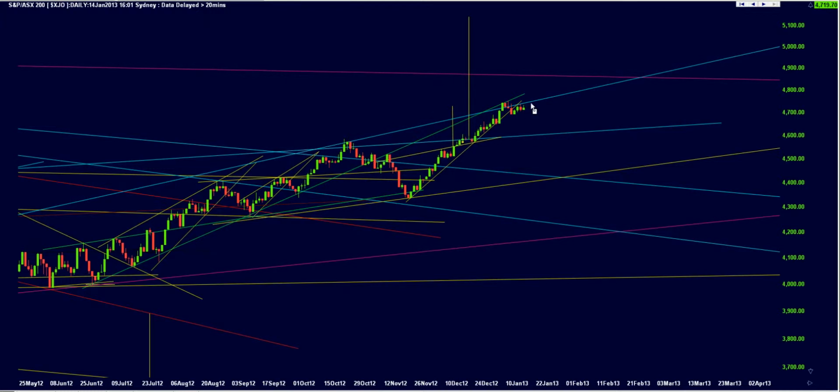So the ASX, you'd expect that it would have a hard time getting up over this line, and that we would probably see a bit of a pullback. And on the daily time frame, we've also got a support level here around that 4,650 level. So that should be an area there of support. Let's take a look on the hourly chart and just get a feel for what's going on there.